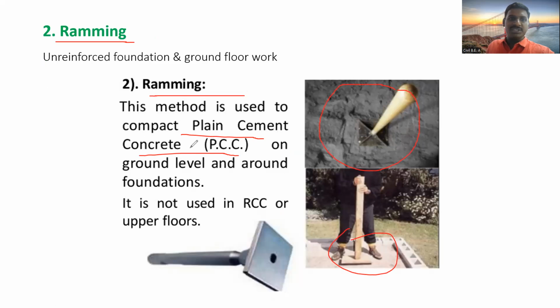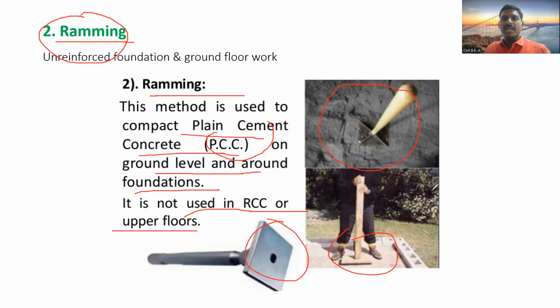We use this for PCC on the ground level and around the foundation. It is not used for RCC on the upper floors. So this ramming compaction method is used only for PCC at ground level.